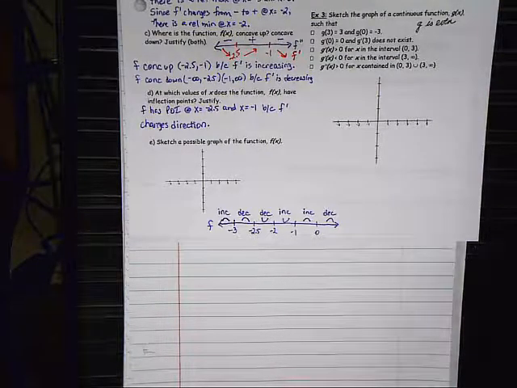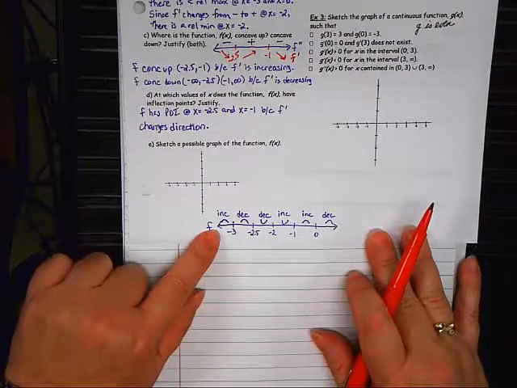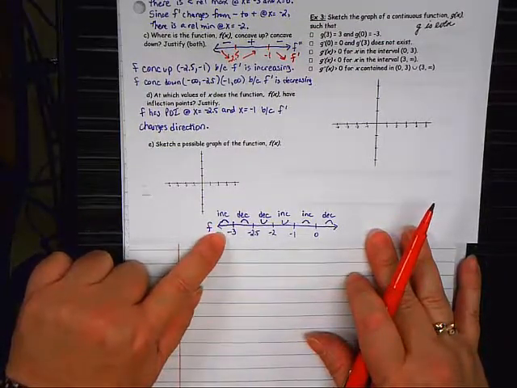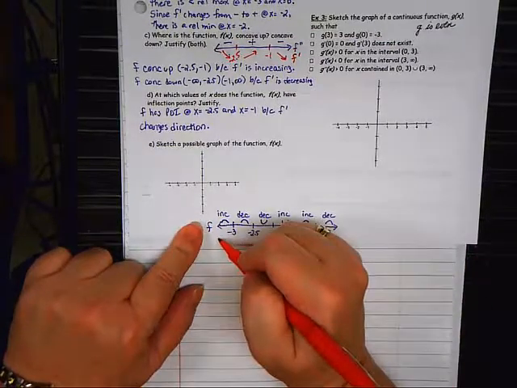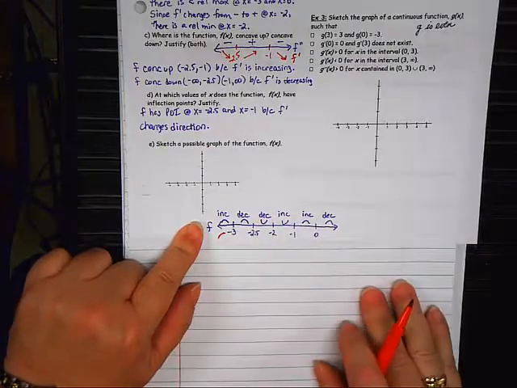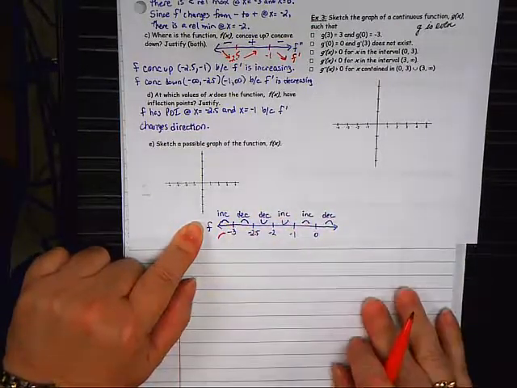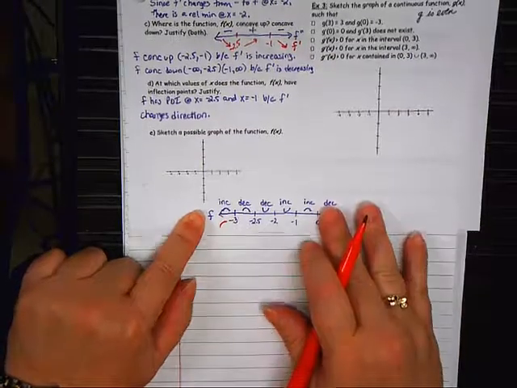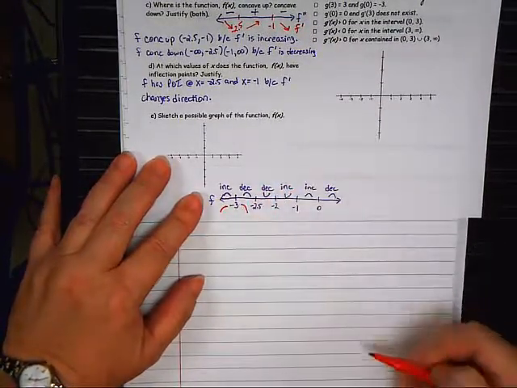Okay. The next thing I want to do is be specific. This is a whole concave down. Which part of it is the increasing part? The left side or the right side? The left side. So underneath here, I'm just going to draw the left side of the concave down, because a piece that is increasing and down looks like that. A piece that is decreasing and down looks like the other side.